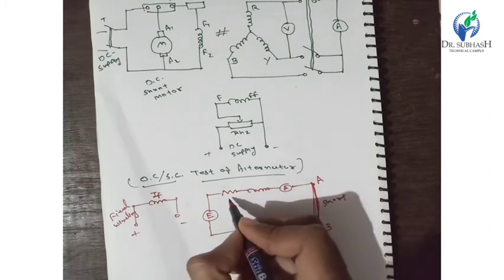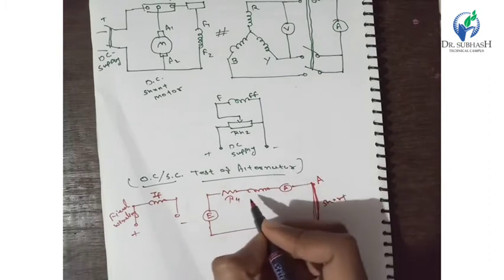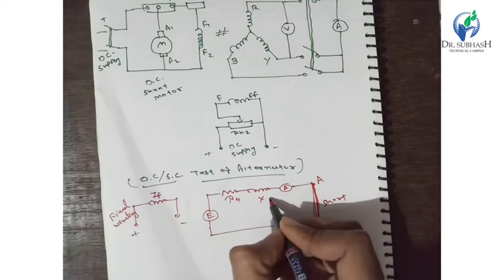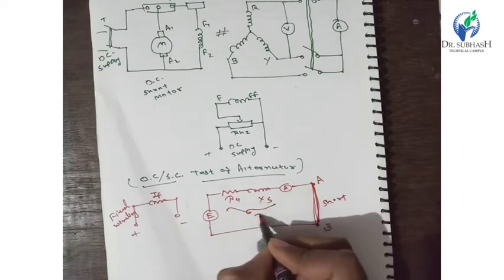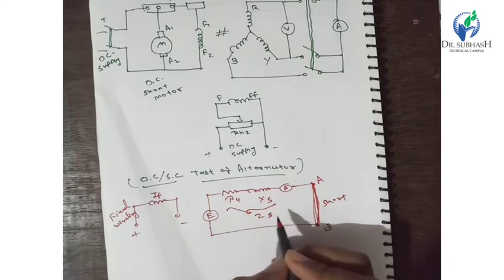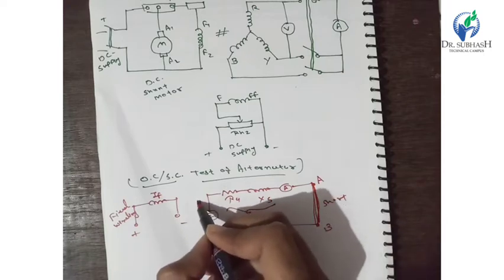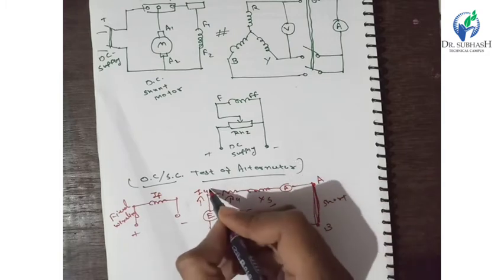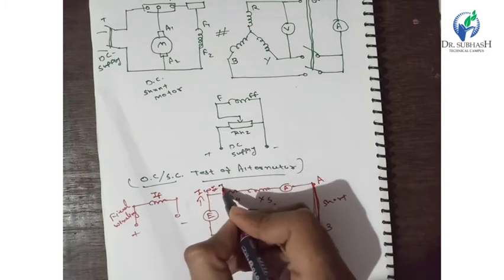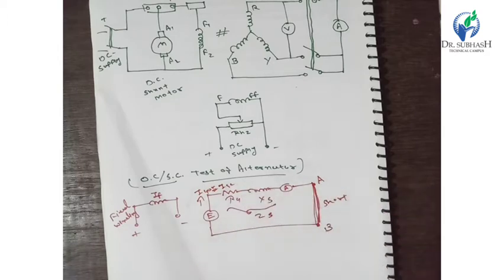Here there is a resistance RA and a synchronous reactance XS. Together this is known as the impedance ZS. The current flowing here is known as the armature current IA, also known as ISC. This is the equivalent circuit of the alternator for the short circuit test.